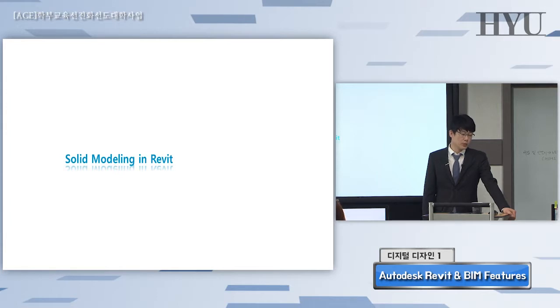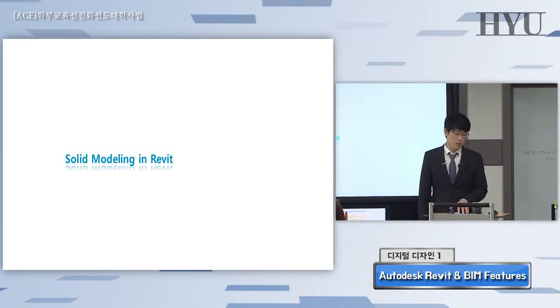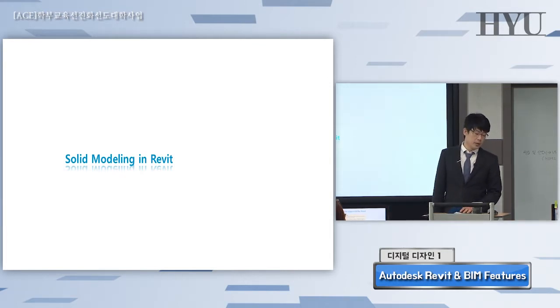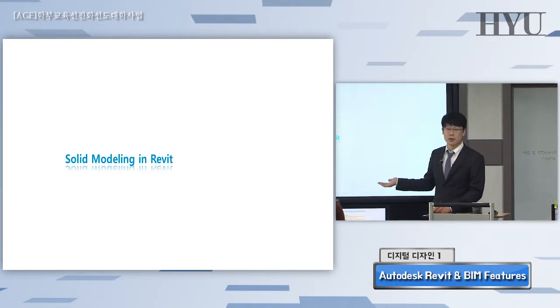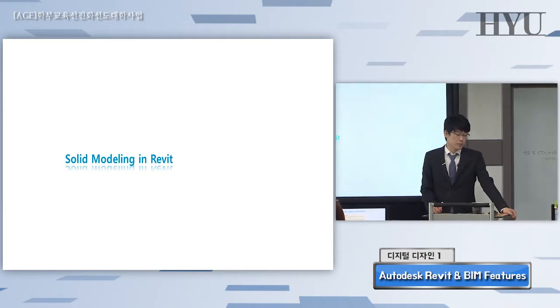So let's get into Revit in terms of some design computing technology, okay? First thing we need to know is this is a solid modeler, okay? Any kind of BIM application we will handle has a solid modeling approach, okay?